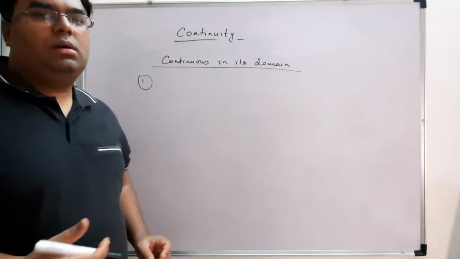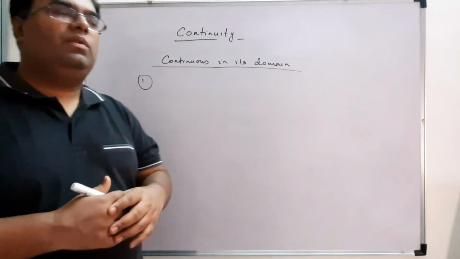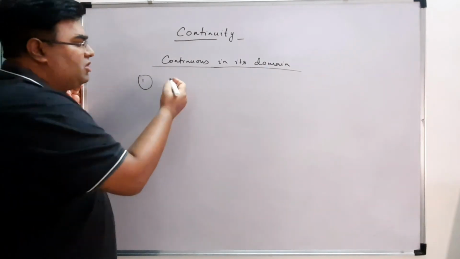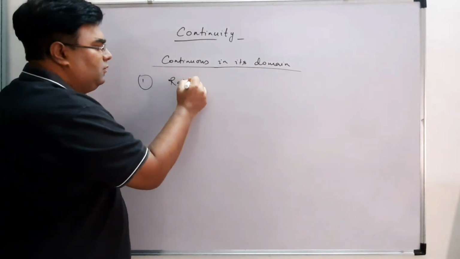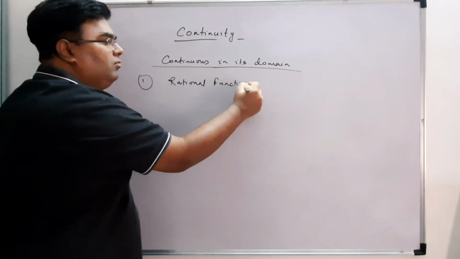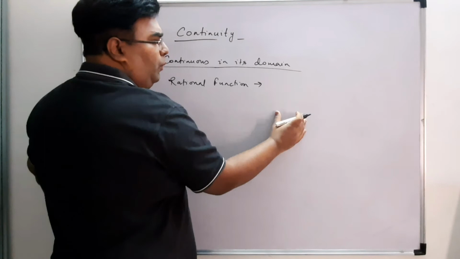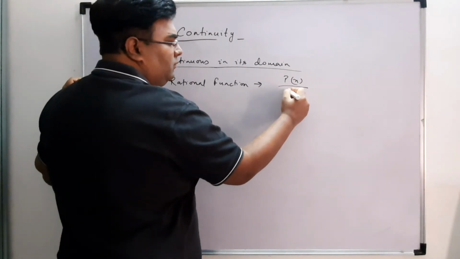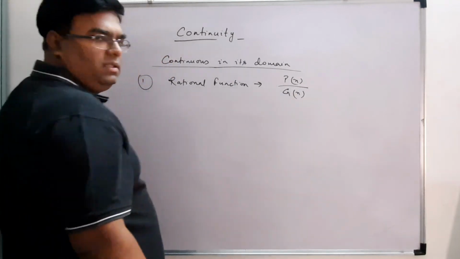Now let us take the examples where the function is continuous in its domain. So we have a rational function. What is the meaning of a rational function? It is a ratio of two polynomials, suppose p(x) and q(x).